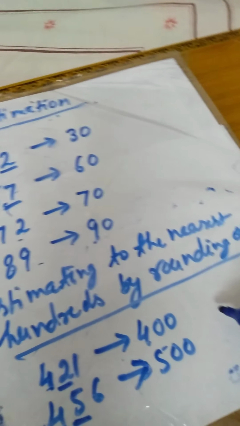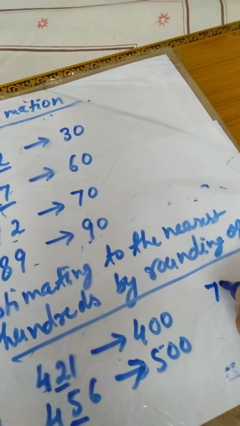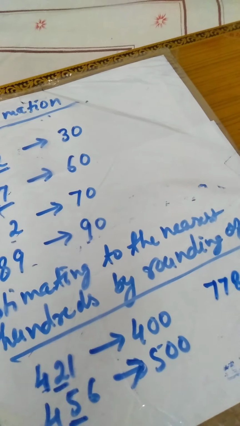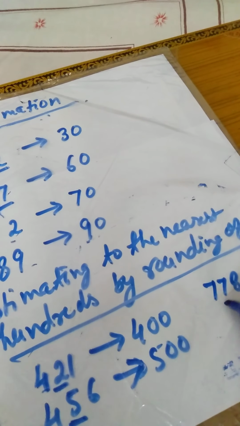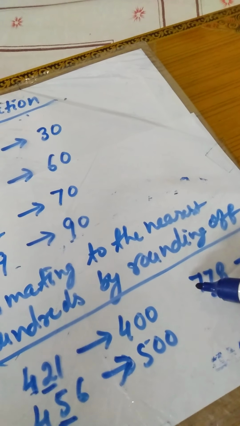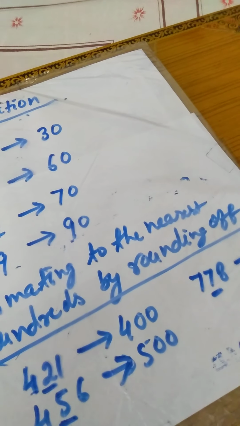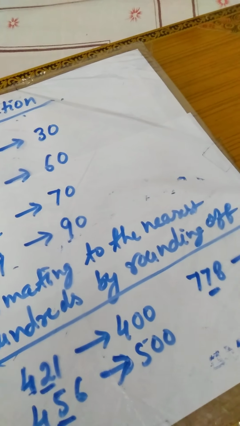Okay, one more example. If we write 778, then again we observe the tens place digit 7, which is more than 5. So it will round off to the next 100, means 800.